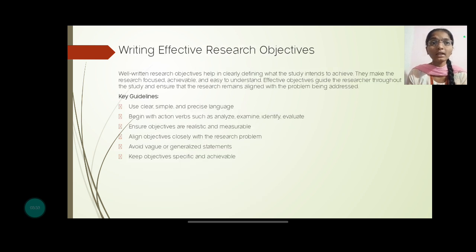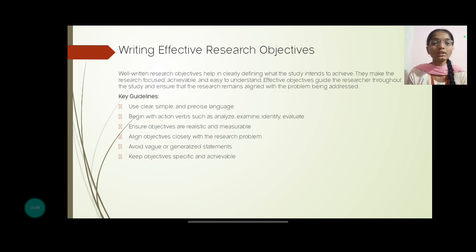When it comes to writing effective research objectives, well-written objectives help in clearly defining what the study intends to achieve, and they make the research focused, achievable, and easy to understand. Effective objectives guide the researcher throughout the study and ensure the research remains aligned with the problem being addressed.